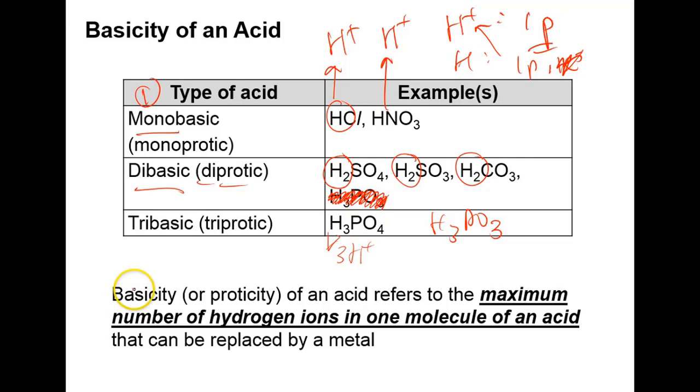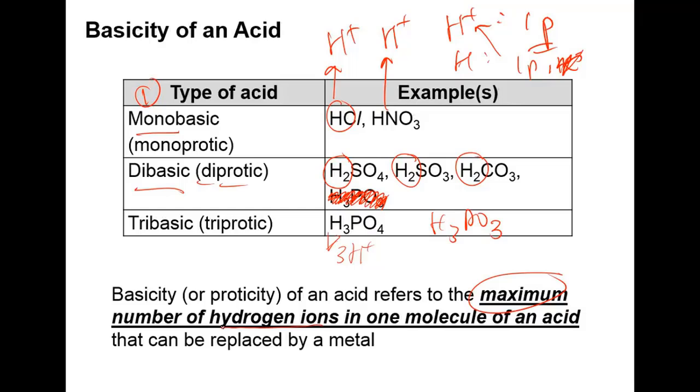So this refers to the maximum number. Notice this is the maximum number of H plus ions that can be replaced by a metal. So it doesn't need to replace all 3 at the same time, but this is the maximum number that can be replaced by a metal during an acid metal or acid salt or acid oxide reaction, or one of the other reactions covered earlier in this topic.